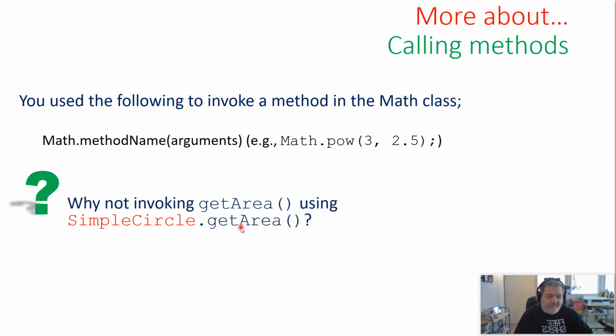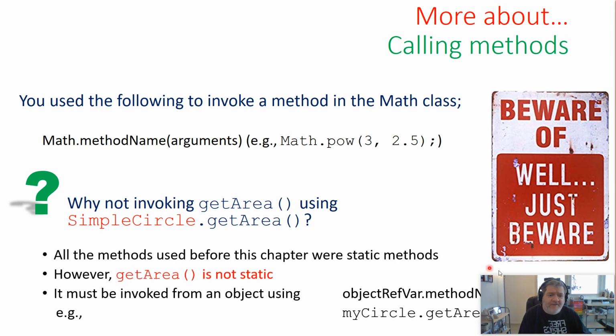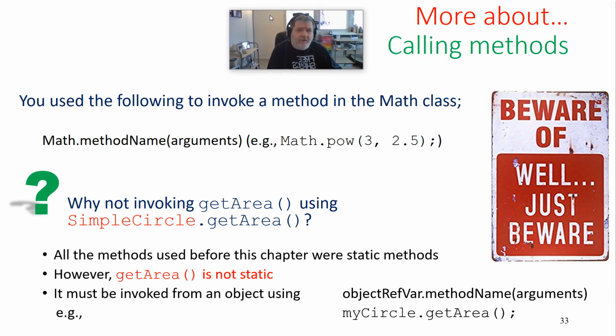Can I actually write SimpleCircle.getArea? Not really, because that is allowed only for static methods. getArea is not a static method, so the moment I decided not to put the static keyword in front of getArea, I decided that you needed to call it on an object.